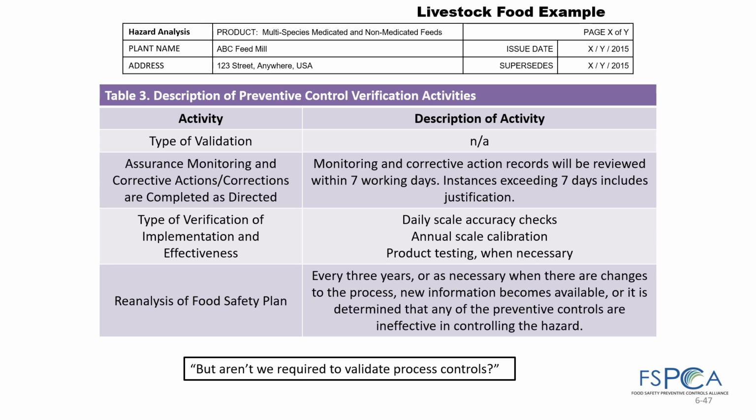How could I show that humans can weigh and read things properly? Okay, so the answer is we can't really. So what this comes down to is that this is a preventive control implemented by a human, and it's very hard to validate that humans can do things that we tell them to. Okay, so that's why we put an NA in this table to kind of have that conversation about when we can't actually validate something.